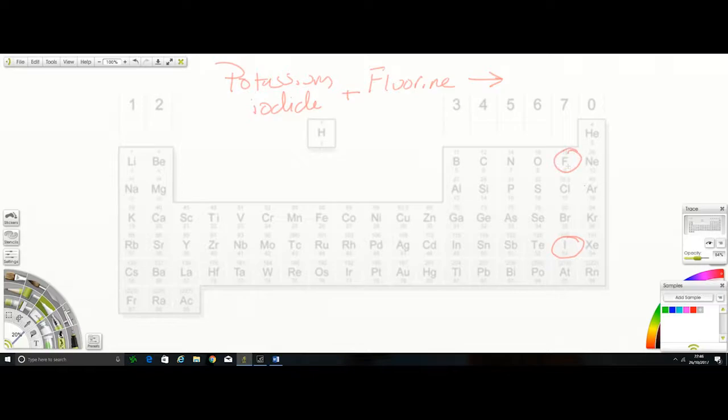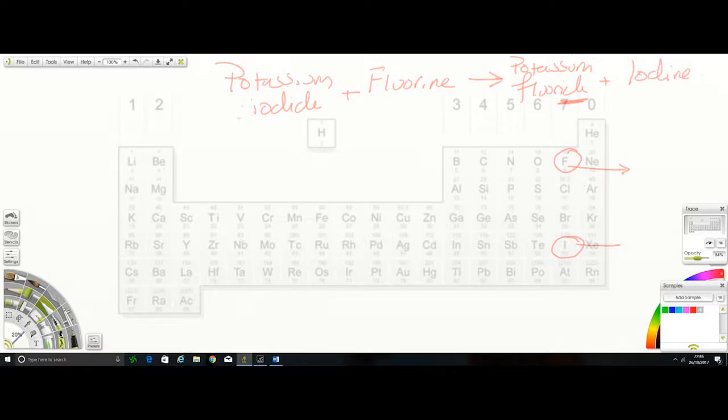Yes we can, because fluorine's more reactive, and so it will displace the iodide. So we're going to have potassium iodide plus fluorine, which makes potassium fluoride, remember, because now it's a halide, plus your iodine, which is on its own.